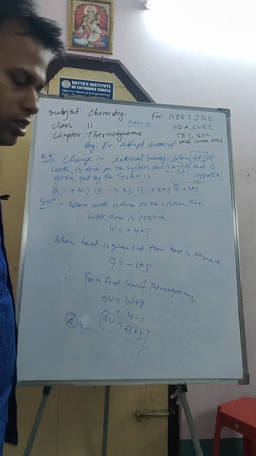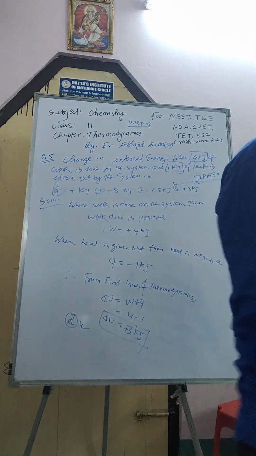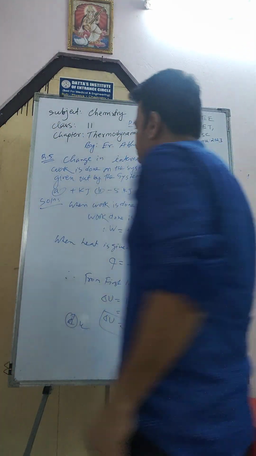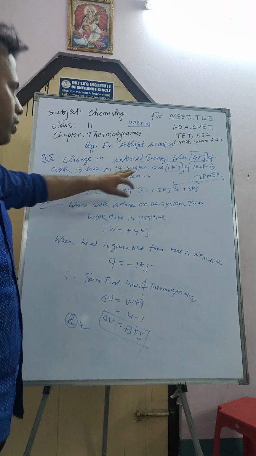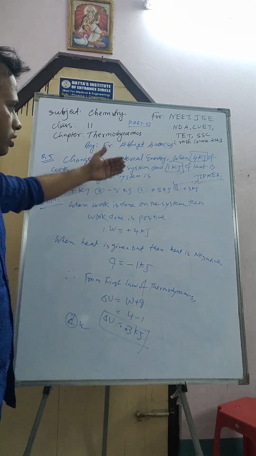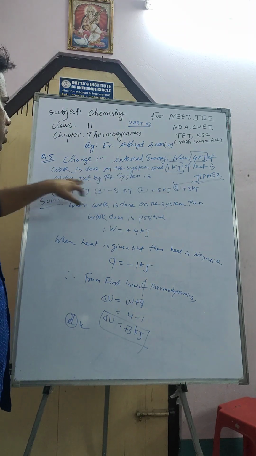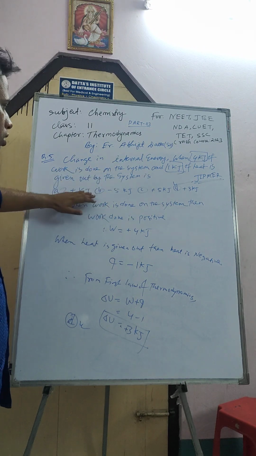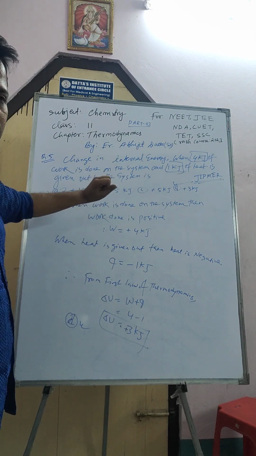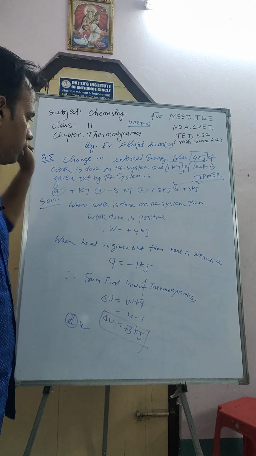Got my point? So here, the change in internal energy is asked when 4 kilojoule of work is done on the system and 1 kilojoule of heat is given out by the system. Then 4 options are given, and we have to find which is correct.